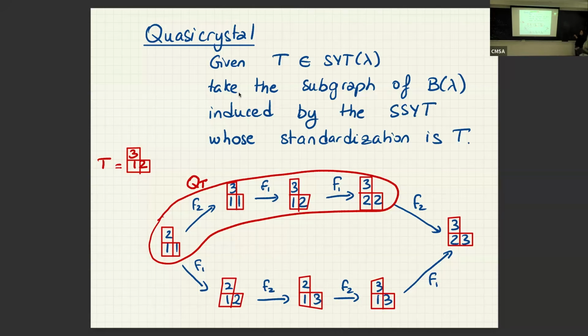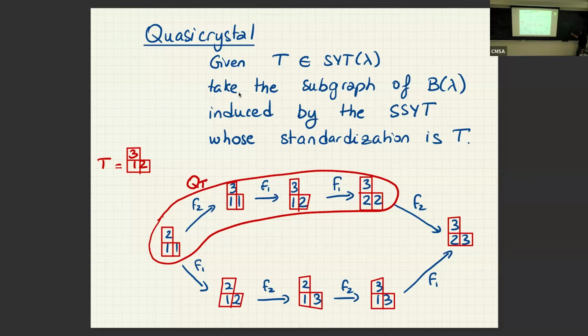So this is a semi-standard Young tableau, and I want to standardize it. I'm going to read the entries from smaller to bigger, going from left to right and bottom to top.